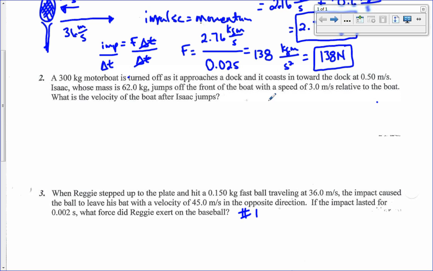Number 2 is like what we did yesterday. The only difference is that in number 2, they start out attached together. So we have the mass of object 1 plus the mass of object 2 times their initial velocity is equal to the mass of object 1 times the final velocity of object 1 plus the mass of object 2 times the final velocity of object 2.